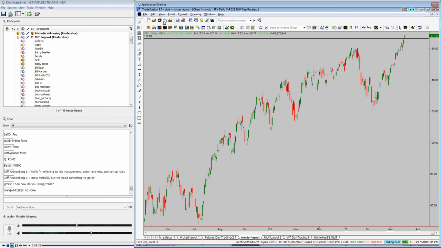So I will take that stop out, but I will not re-enter into another long trade until I have a confirmation of that 3-point break and I wait for a pullback. Did that confuse anybody?